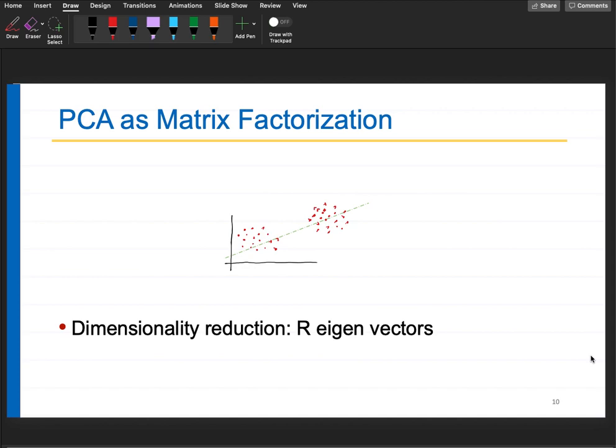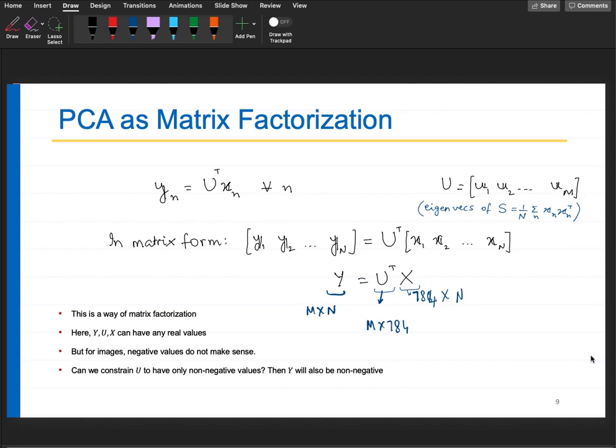So how do you interpret PCA as matrix factorization? Just as you do dimensionality reduction, those dimensions along which you are reducing your dimensionality become your basis, your dictionary, and your activations are the weights which are used to reconstruct. So U is your basis, your dictionary, and these are your activations. But the activations can be negative also, they're not just positive.